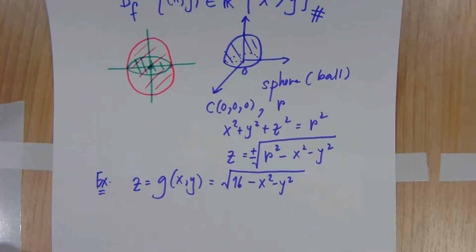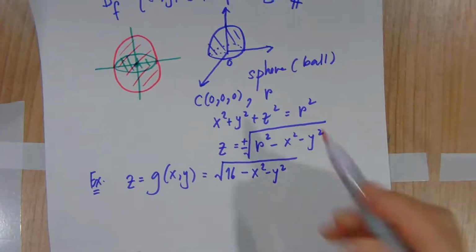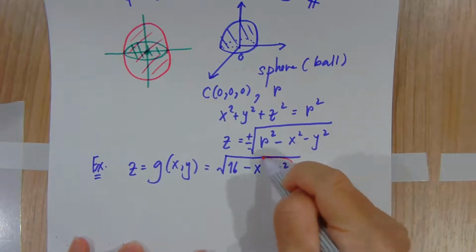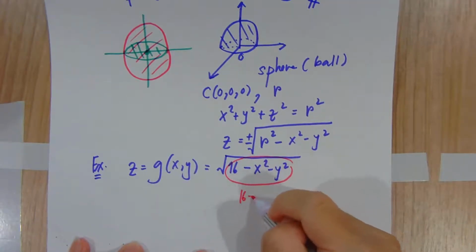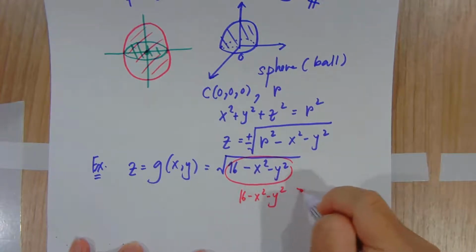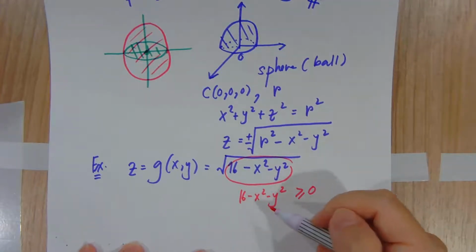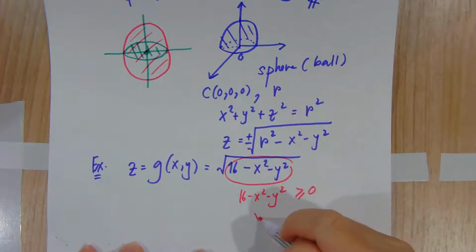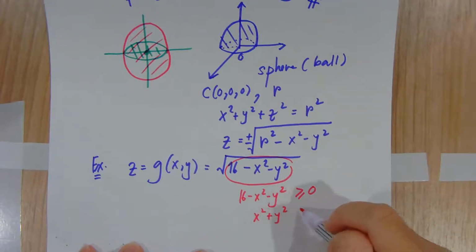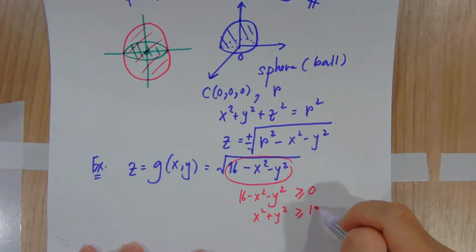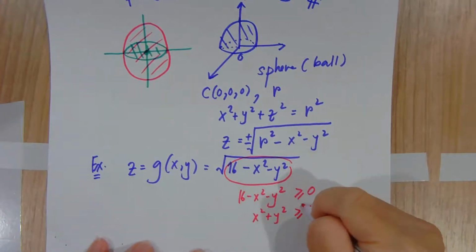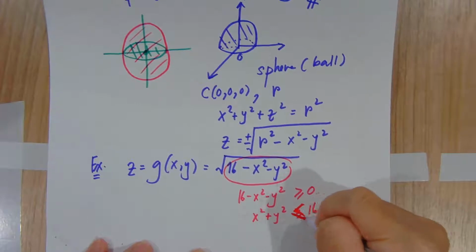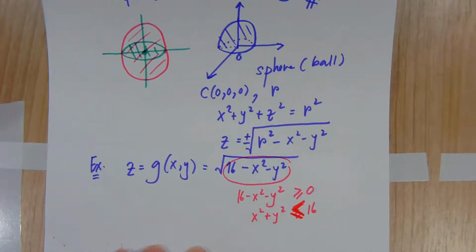Okay, so under the square root rule, the expression must be positive or greater than or equal to 0. Sorry, it should be more, so it's less than or equal to 16.